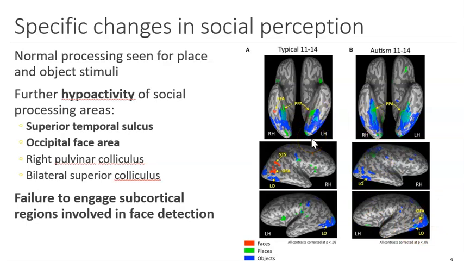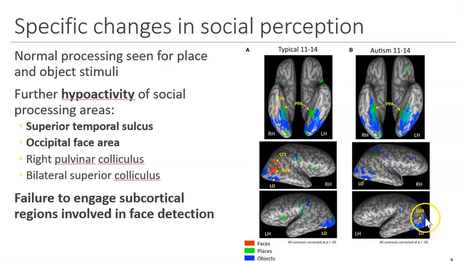However, when you look at how they're processing faces, we see red areas in the normal patients here in the superior temporal sulcus, the STS, and the OFA, the occipital face area. However, when we look over here to the autism patients, we no longer see those red areas that are normally lit up in a healthy patient.